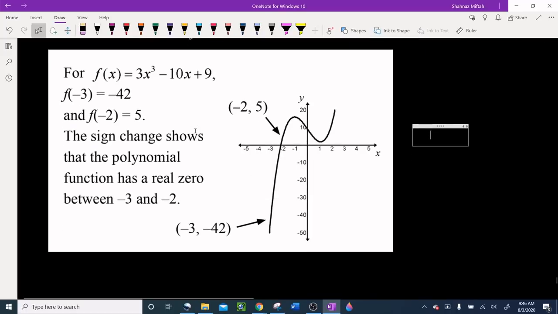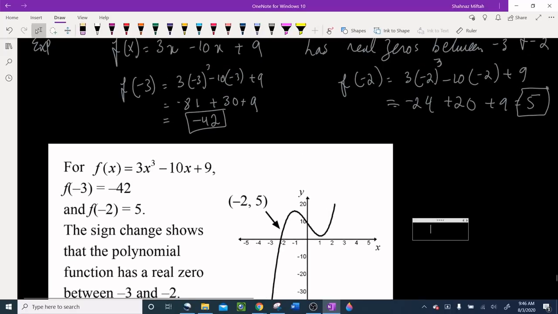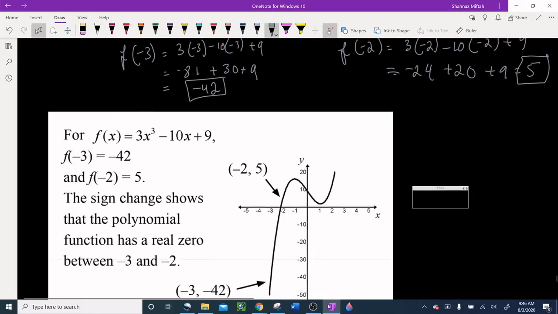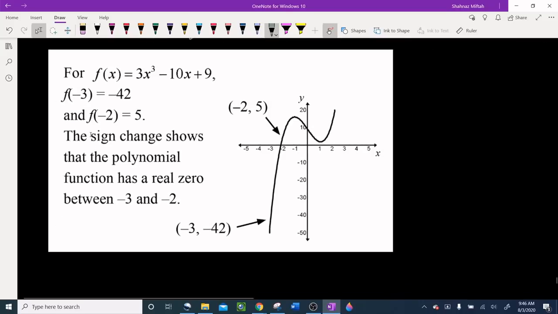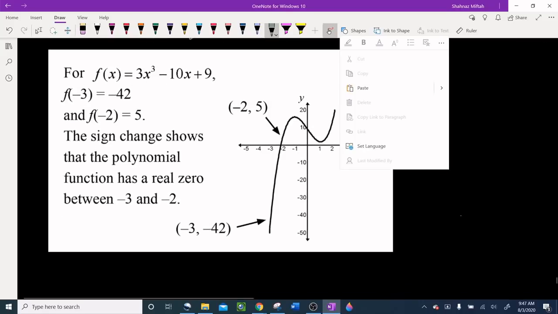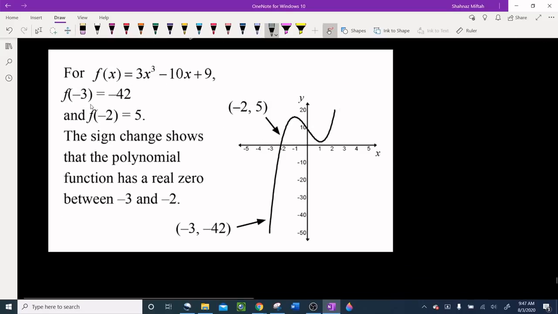Now you can tell up here, this is the graph of the same function. We can tell that for 3x cubed minus 10x plus 9, f of -3 equals -42. Do you see the graph up here?